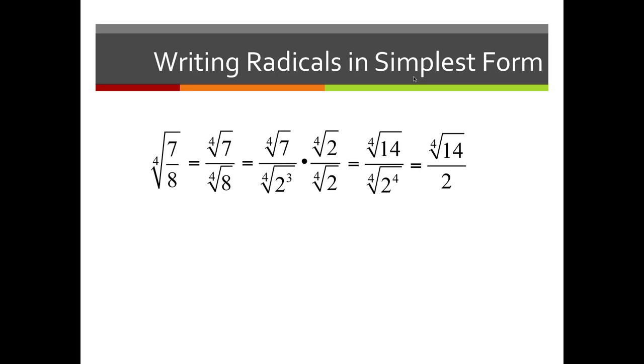It has a different set of rules that it follows than the 14 that is still inside of the radical. And so those two numbers cannot be combined. They cannot cancel each other out in any way. The only way you can cancel numbers is if they are both inside the radical so you can combine them, or both outside the radical so you can divide them off. So the fourth root of 14 over 2 would be your final answer in this case.